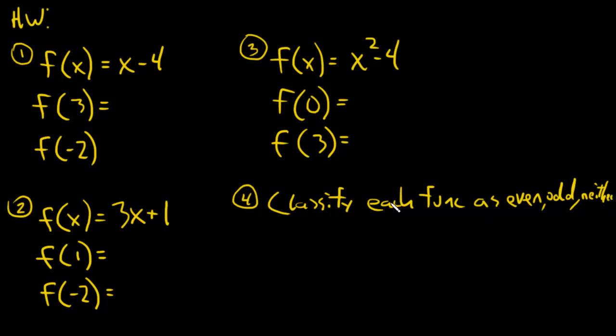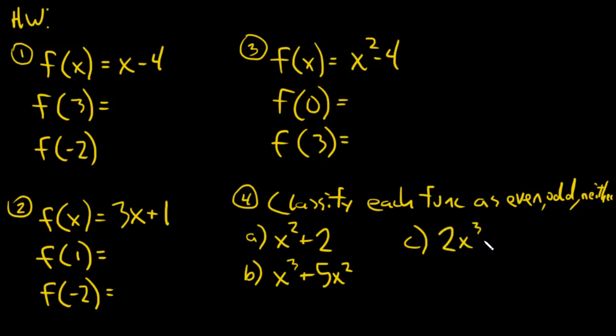Okay, so the first one, A, is x squared plus 2. B is x cubed plus 5x squared. C is 2x cubed minus 7x.